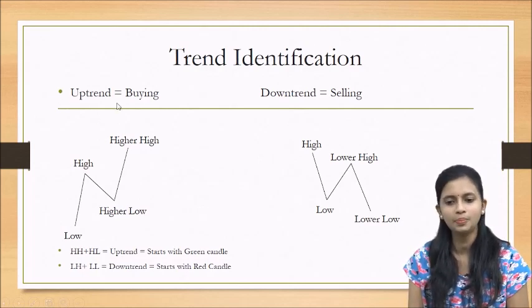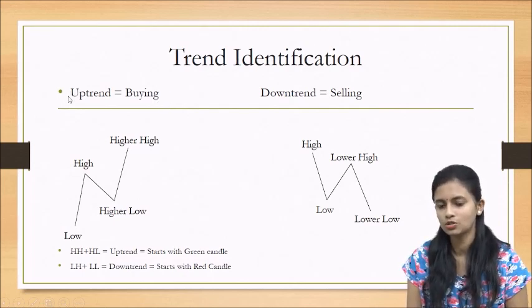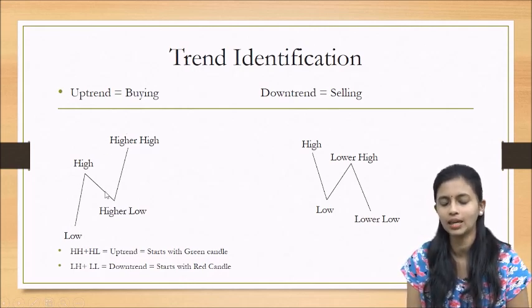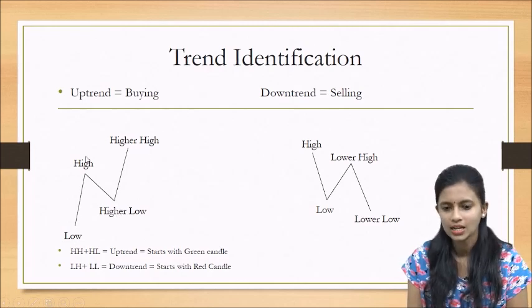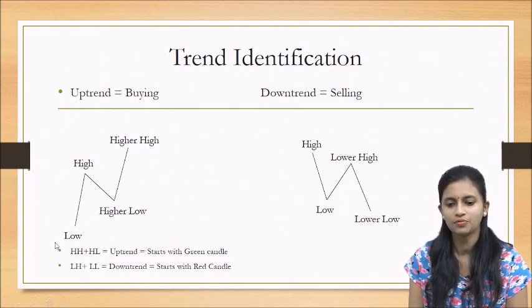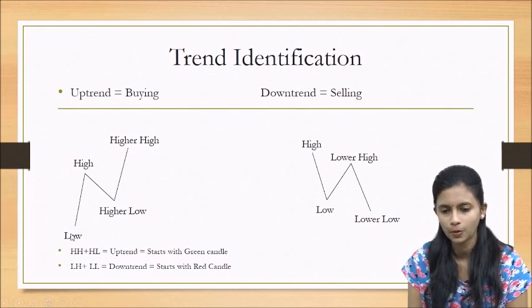First thing is uptrend. If you are looking for a buying opportunity, then you have to check whether the stock is doing an uptrend. So when can you confirm that the stock is making an uptrend? When you get this type of pattern, then you can say that stock is doing an uptrend. First there has to be a low, and this low which you mark should start with a green candle because we are looking for a buying opportunity.